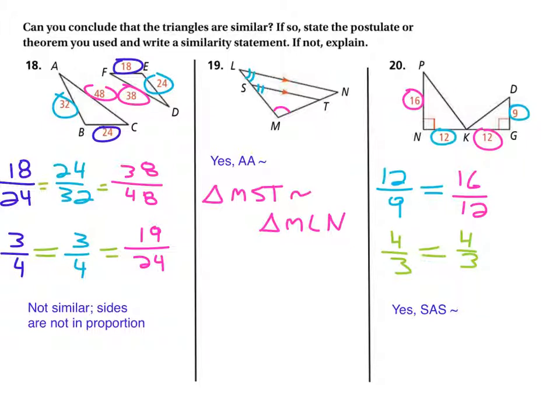And then how do we write that statement? Well, we see what vertices correspond. See that purple side? Let's start with the right angle and go up the purple side.